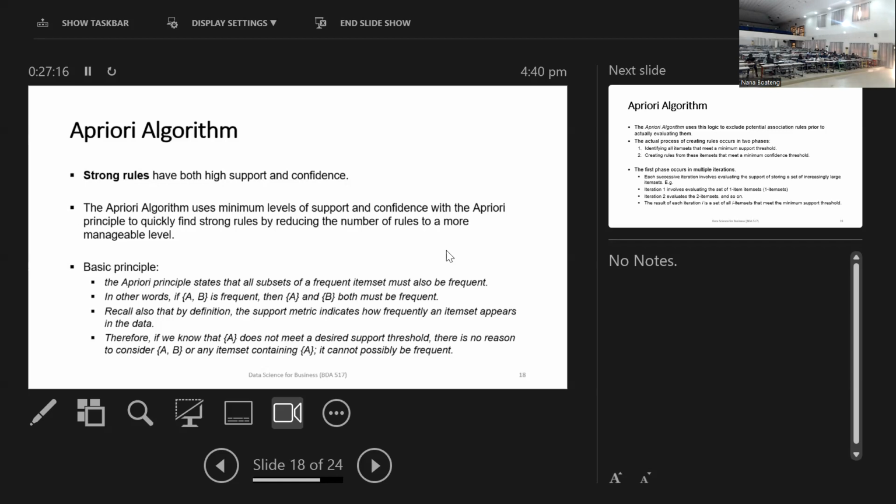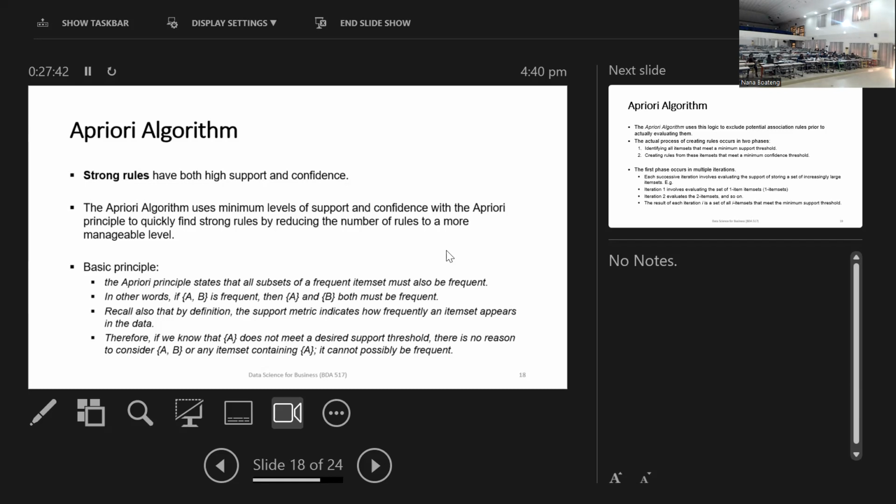So if it determines that one item, A, does not meet the minimum support threshold, if it's two items that involve A, it will ignore it. If it's three items that involve A, it will ignore it. If it's four items that involve A, it will ignore it, and so forth. Then it will be left with all the items that meet the threshold.